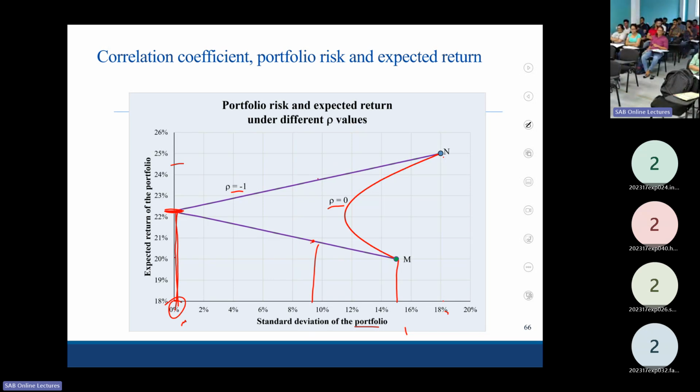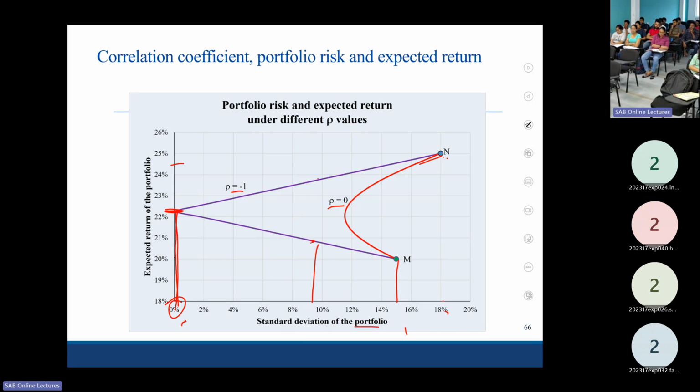So if you invested in N only, this is the risk level. If you invested in M only, this is the risk level. If you combine these two and construct a portfolio, this is the path of expected return and risk of the portfolio.